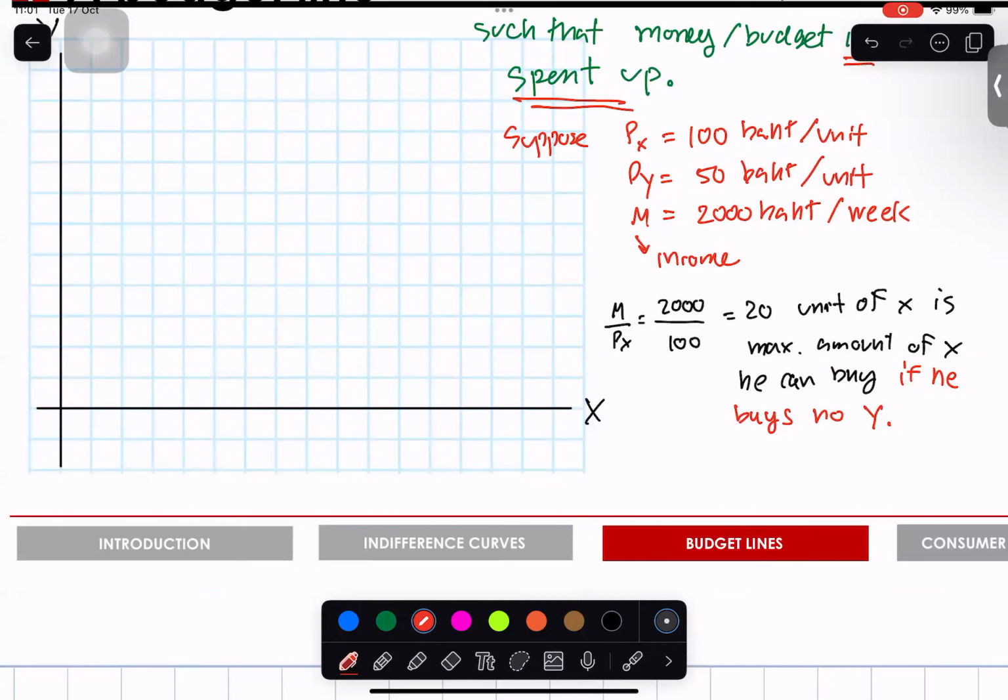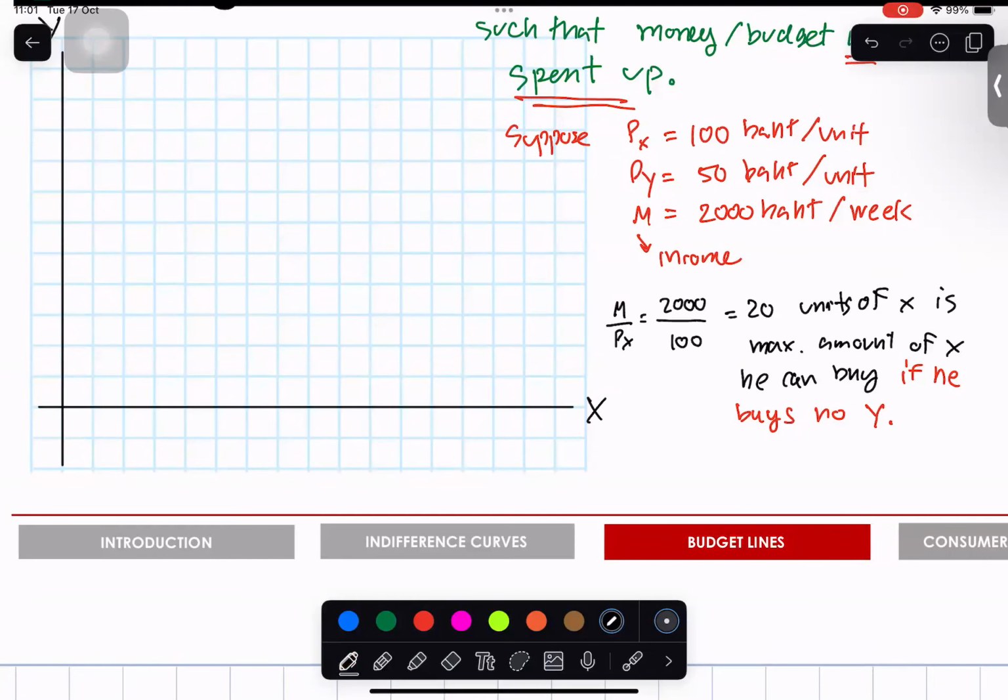So this calculation gives us the maximum amount of pizza this guy can afford, given his income of 2,000 baht, if he buys no Pepsi, good Y.